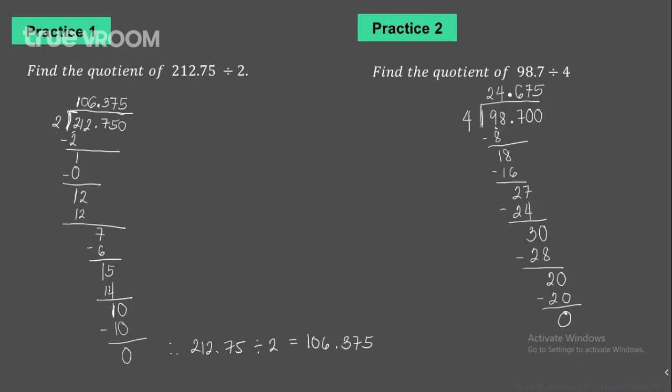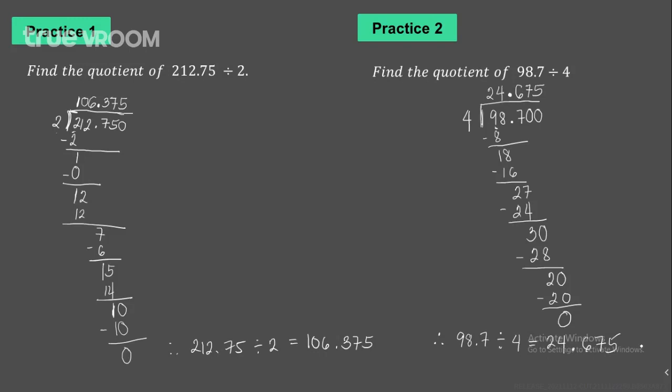So you already have the remainder of 0. So you are going to stop. Now write the conclusion. 98.7 divided by 4 is equal to 24.675. This is your final answer.